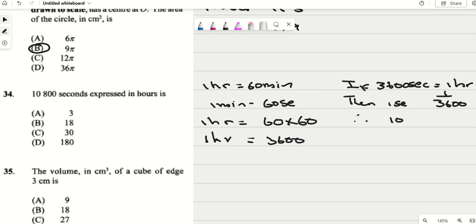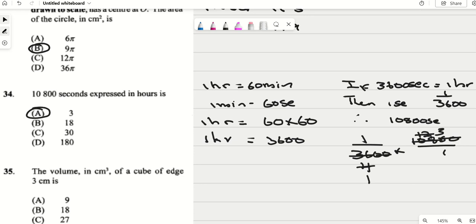Therefore, 10,800 seconds would be equal to 1 over 3,600 multiplied by 10,800 over 1. Cross out: we have 36 and 108, 9 into 36 is 4, and 9 into 108 is 12, and 4 into 4 is 1, 4 into 12 is 3, so it is 3 hours.